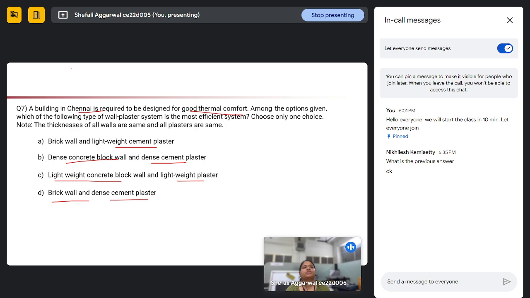In an area like Chennai, where you have high humidity and normal ambient temperature, you cannot go for the denser concrete blocks because it will be too hot. And you cannot go for the brick wall either, because you need good thermal comfort and brick wall will absorb heat. So the last option is lightweight concrete block and lightweight plaster.